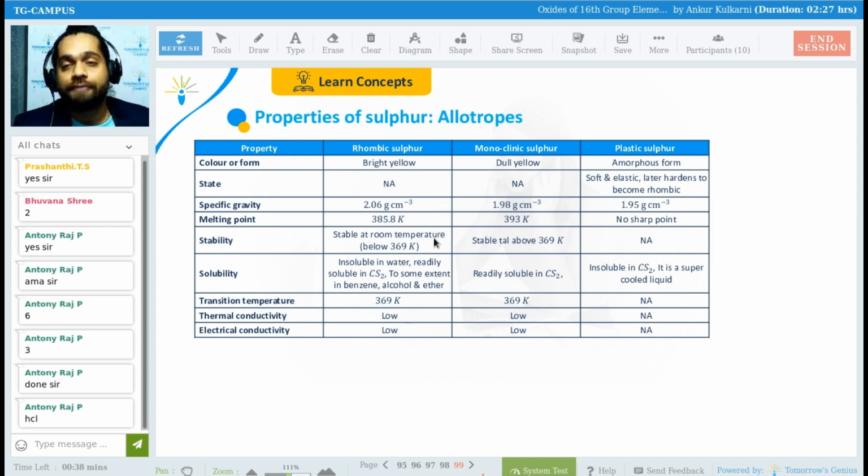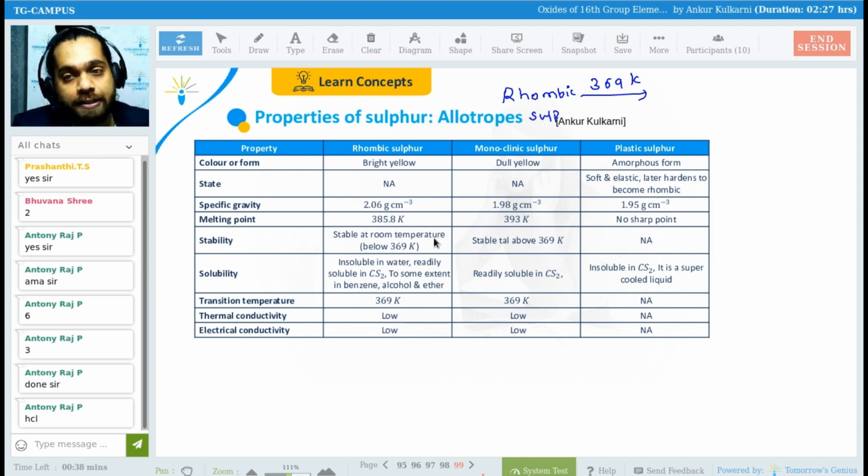So your rhombic sulfur is below 369. Understand this: below 369 Kelvin, what sulfur do you have? You have the rhombic sulfur. Come on, write it down. Important: rhombic sulfur exists below 369 Kelvin.